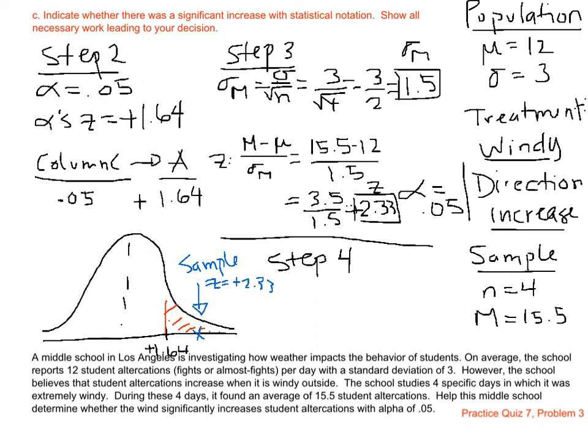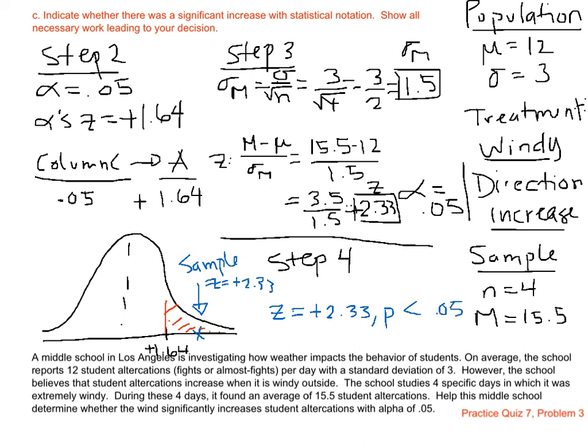But in this case, I'm just going to finish it up by writing my notation. And so it's z equals, and I'm going to put my sample z-score here, plus 2.33, comma, p is in fact less than 0.05.